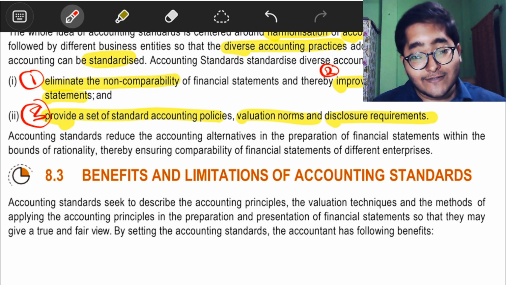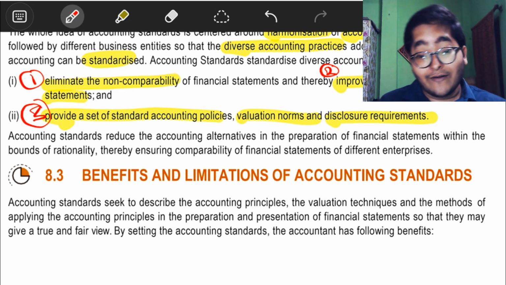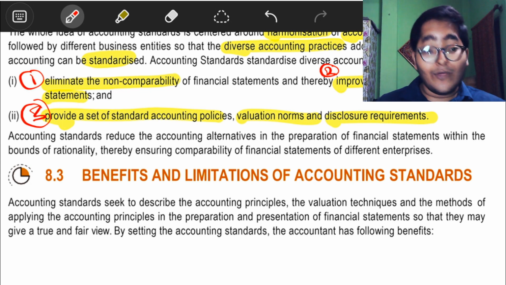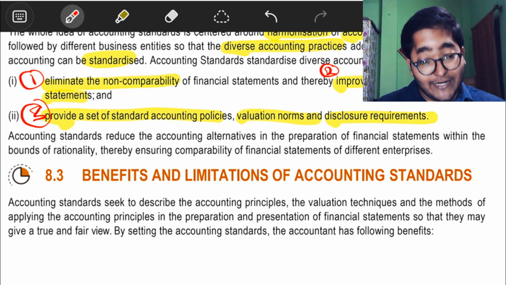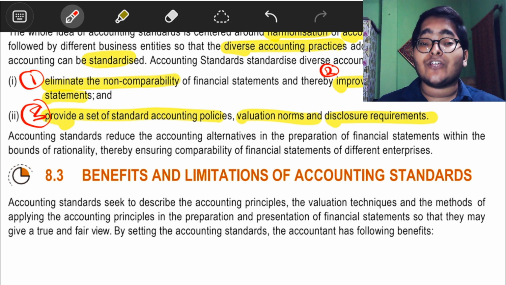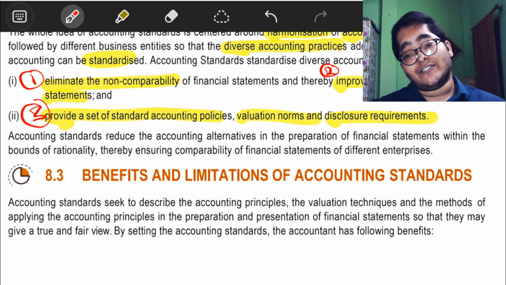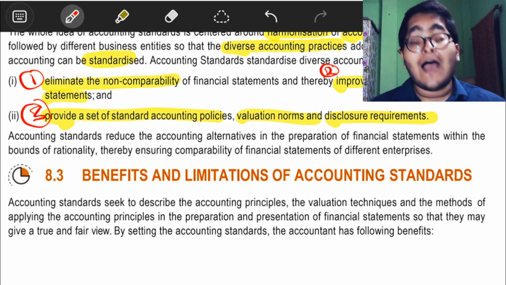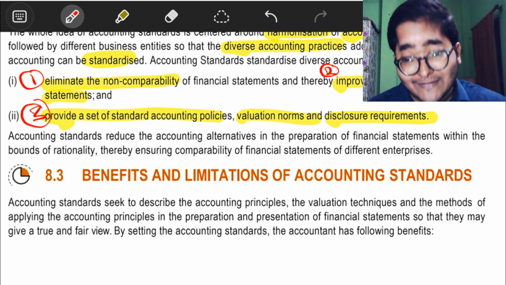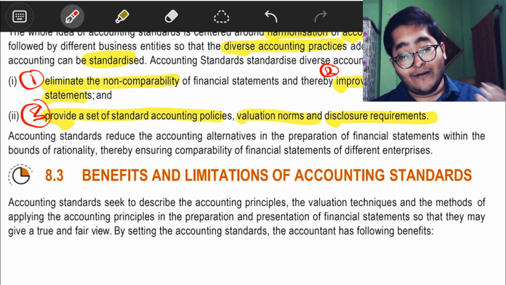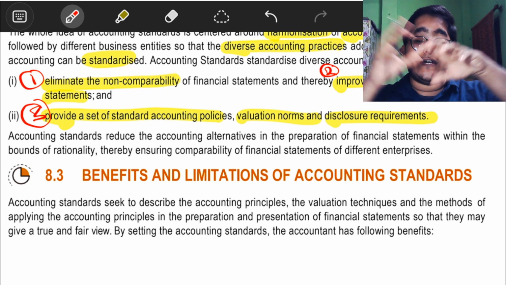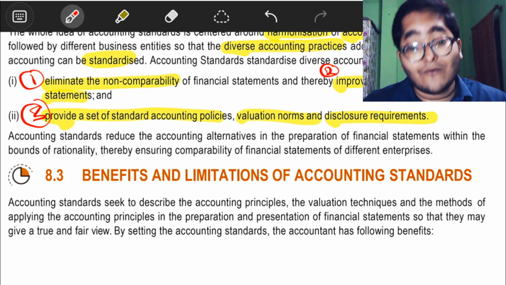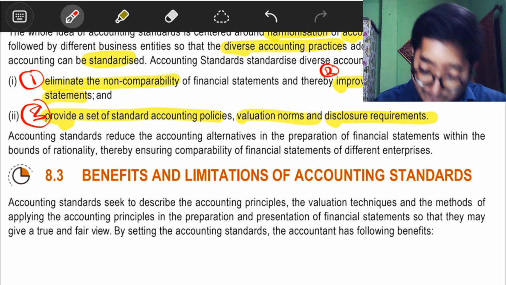Accounting standards reduce the accounting alternatives in the preparation of financial statements within the bounds of rationality, thereby ensuring comparability of financial statements of different enterprises. Accounting standard finally क्या करता है? Accounting standard accounting जो concepts है उनको standardize करके जो comparability है उनको enhance करता है.